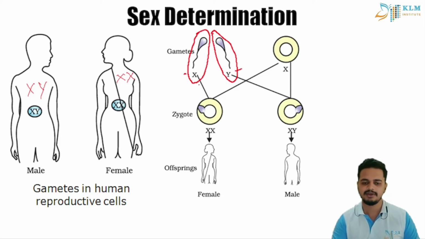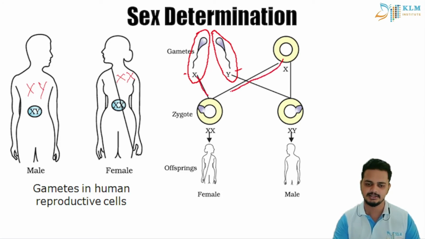So if an X chromosome fertilizes the egg, a female is born. If a Y chromosome fertilizes with X, a male is born.